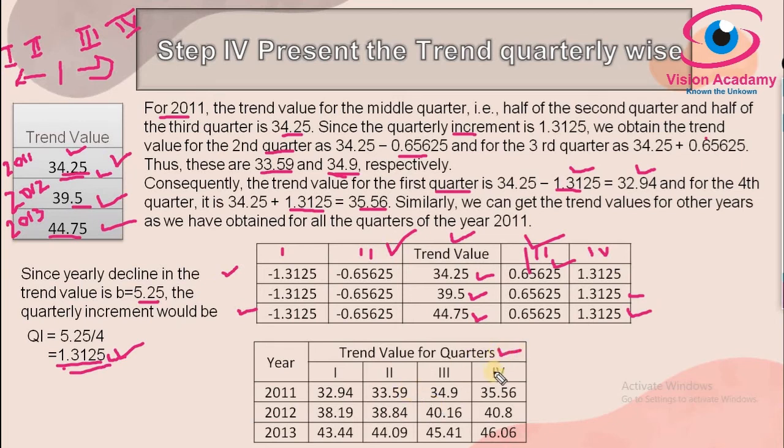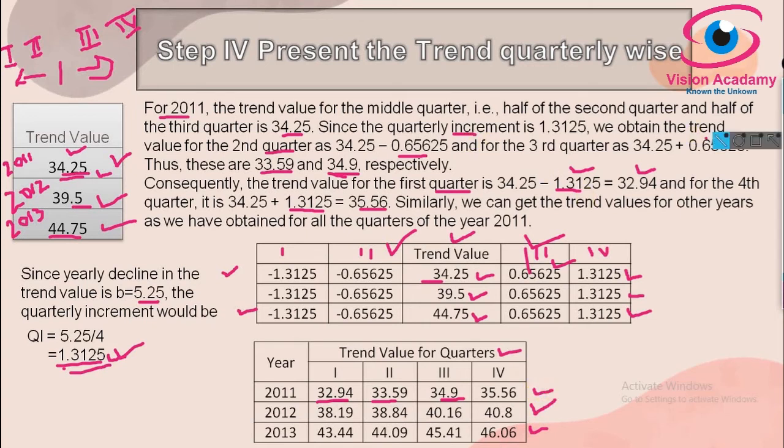Here I obtained 33.59 by subtracting 0.65625 from 34.25. For 32.94 I subtracted 1.3125 from 34.25, and for the third quarter in 2011 I added 0.65625 to 34.25. For the fourth quarter I added the full quarterly increment 1.3125 to 34.25, and I did the same procedure for all the years' quarters to obtain the trend values for quarters.